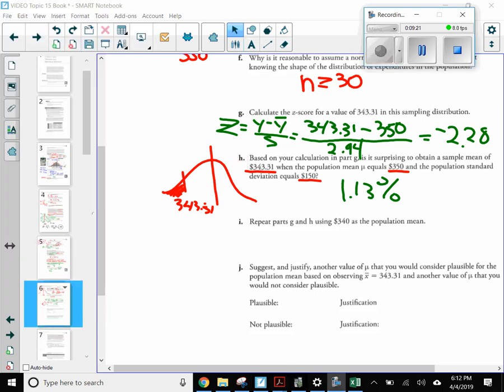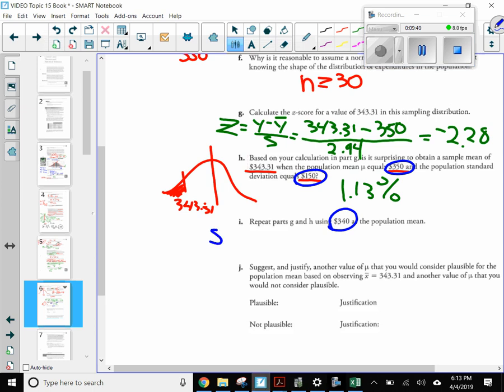Well, how about if, instead of assuming that the mean of the population was 350, I assume that it was 340. And I'm guessing that they want me to keep the same standard deviation of 150. I know that the standard deviation I'm looking for is going to be equal to the standard deviation of the population divided by the square root of n, and that's the same as before.